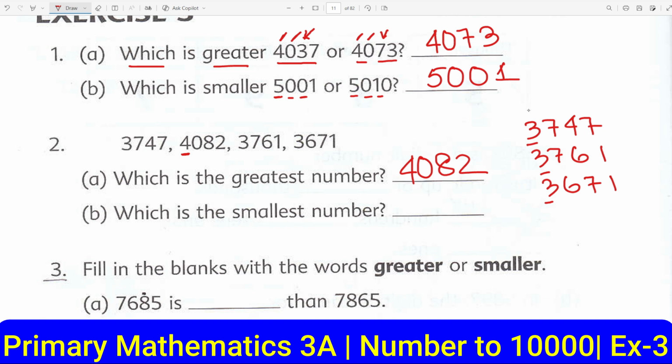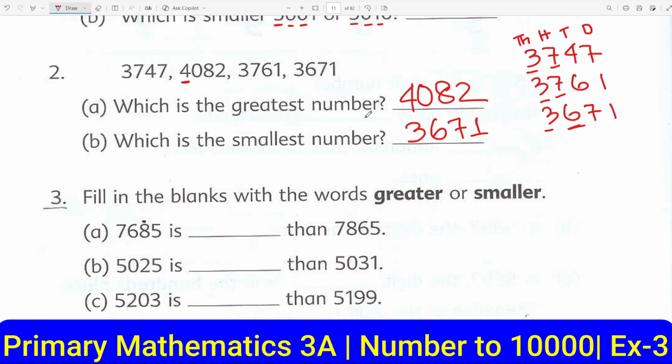It means the thousands, the hundreds, the tens, and this one is the unit digit. So all thousands digits are 3. Next, our target is to find the smallest. So this is a 7, this is a 7, but this is a 6. So easily we can say 3671 is the smallest number among these numbers.